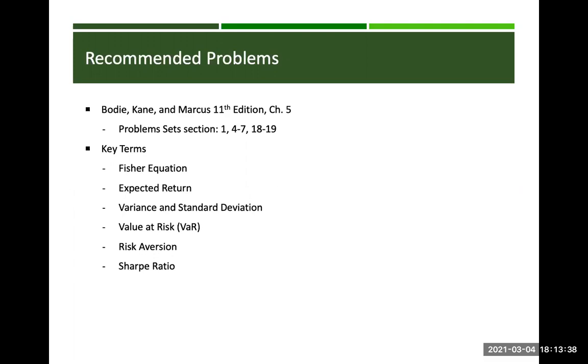Some key terms, and this is again all of Chapter 5 key terms. We're not going to talk about risk aversion and the Sharpe ratio today, I don't believe. It loops in more advanced topics.